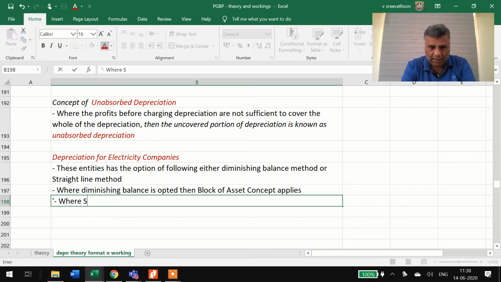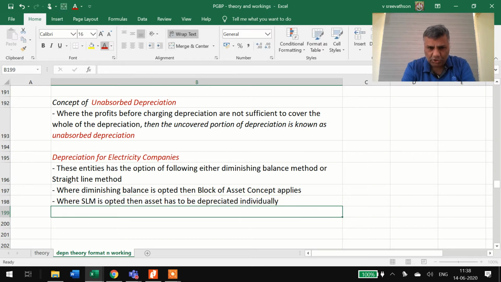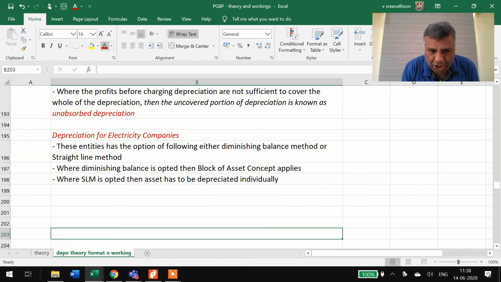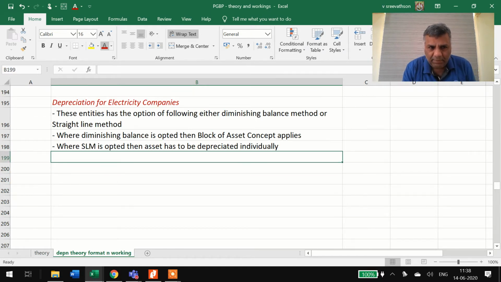Where SLM, straight line method, is opted, then the asset has to be depreciated individually. So there is no group of asset or block of asset concept. Every asset, my dear friends, has to be depreciated individually.